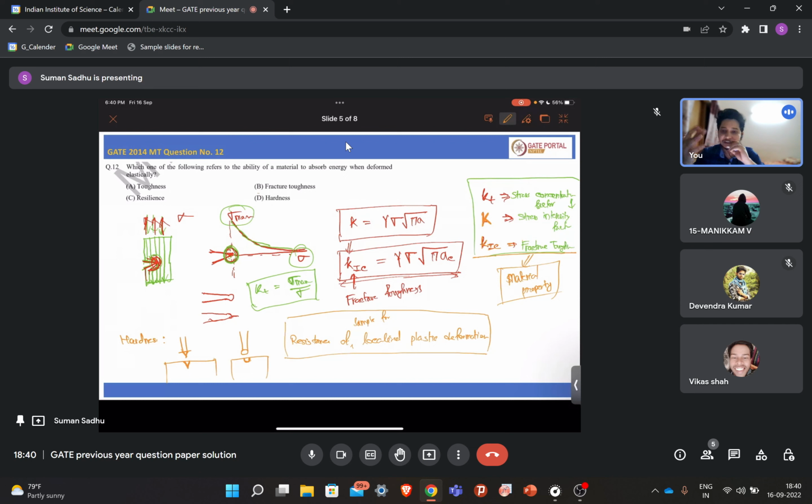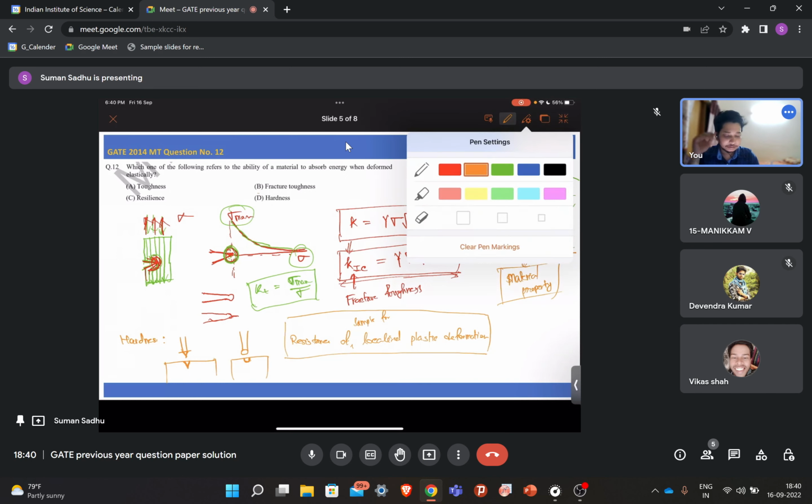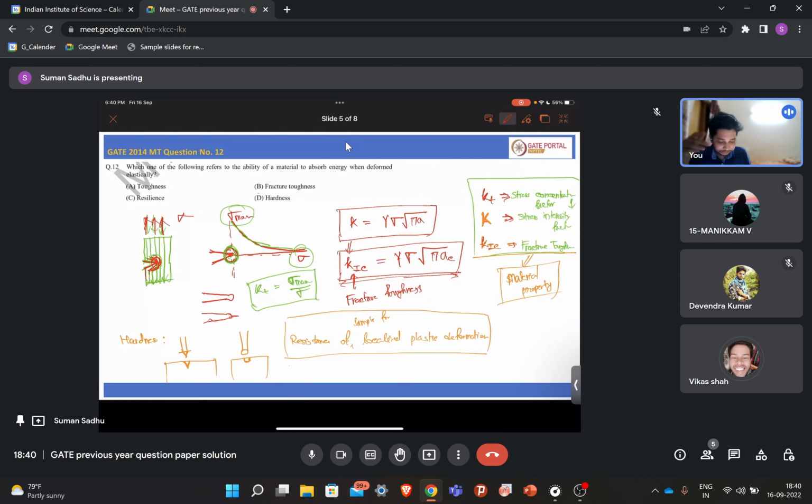Now this plastic deformation you can give in various ways. One is indentation, another is scratch. If you are scratching your sample, this also defines the hardness. If you take a very hard material and try to scratch it, it will have much resistance against that scratching, right?